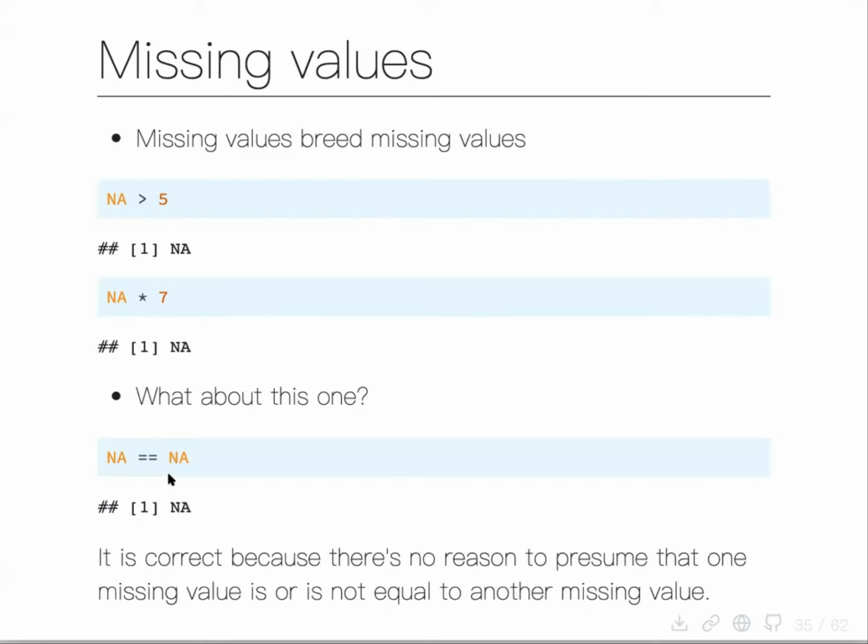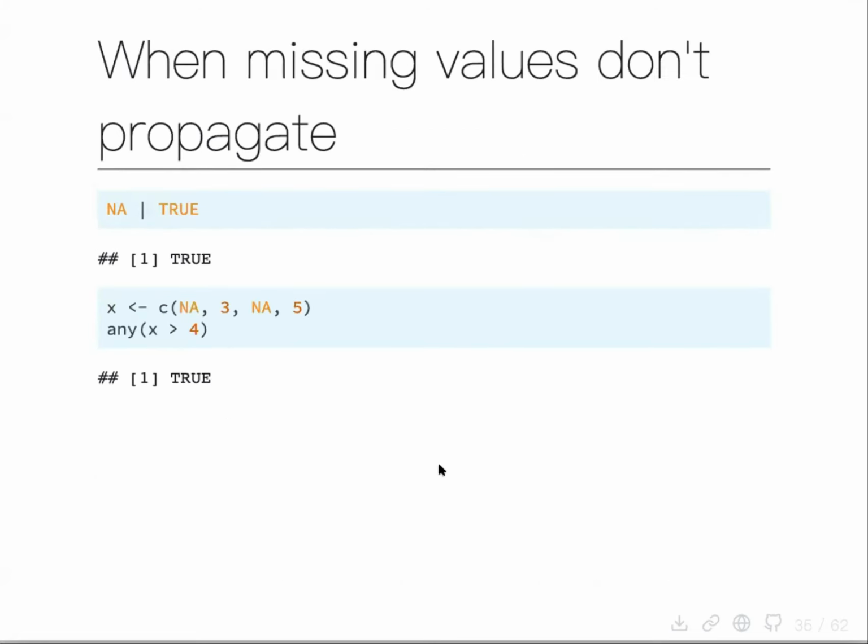Okay, so I've already said that. There's also cases where missing values don't propagate, all right? So here's an example where I have NA or TRUE. And it returns TRUE because when we're doing a test like this with an or, or is going to return TRUE anytime any of them are TRUE, right?